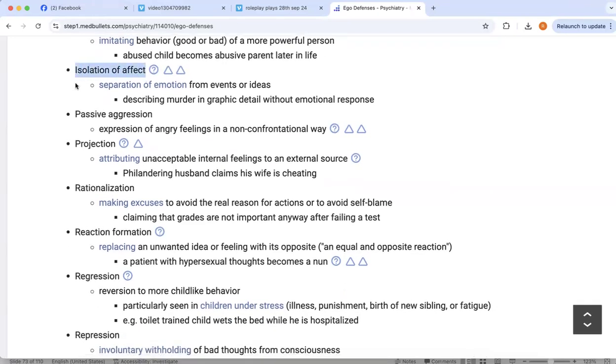Isolation of affect. Affect means mood, right? So the mood or feelings of a patient.